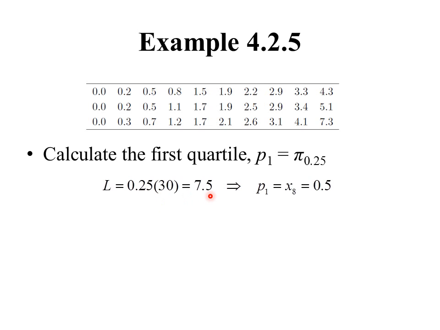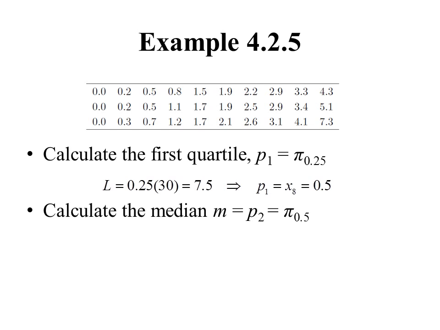It comes out to be 7.5. Now that's not an integer, so we round it up to the next integer, which would be 8. And so our first quartile would be x sub 8, our 8th data value. So 1, 2, 3, 4, 5, 6, 7, 8. That right there is our first quartile, 0.5.